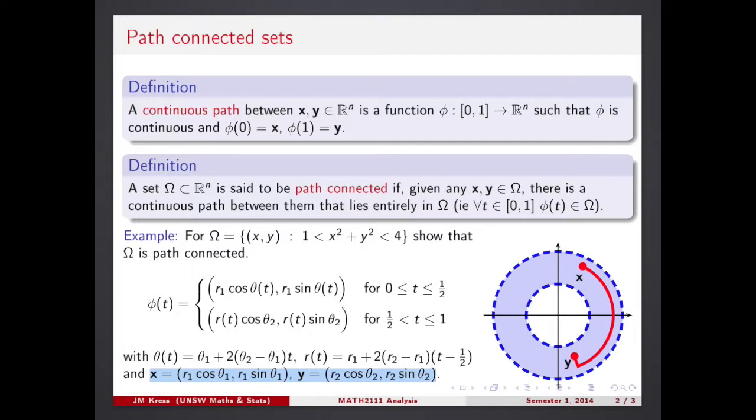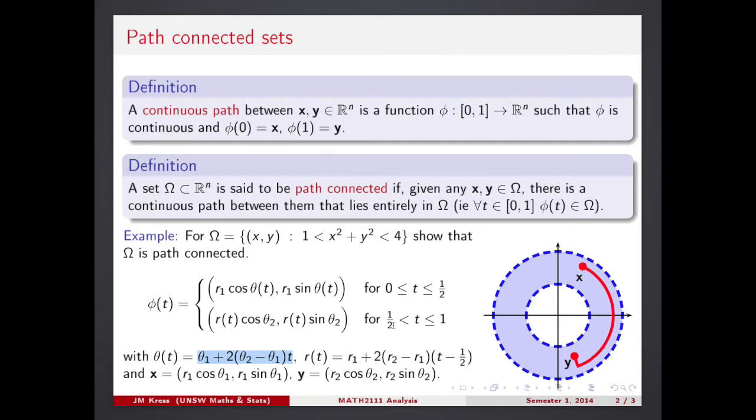Look at what he says. For the first half of the 0-1 interval, you alter the argument, theta. You see, r1 is kept as with the point x, but theta runs linearly from theta 1 to theta 2. So that's this piece of the connection, up to this point.